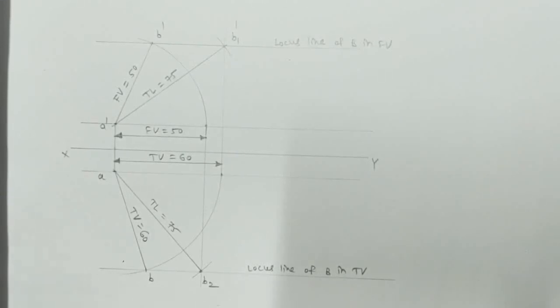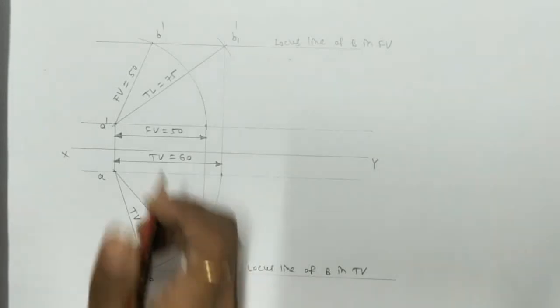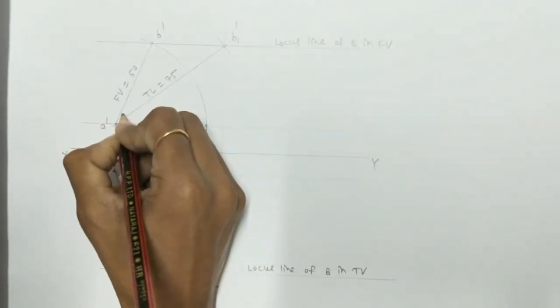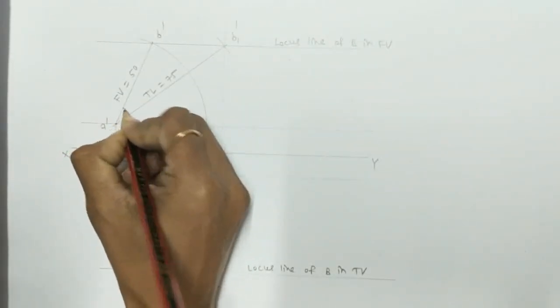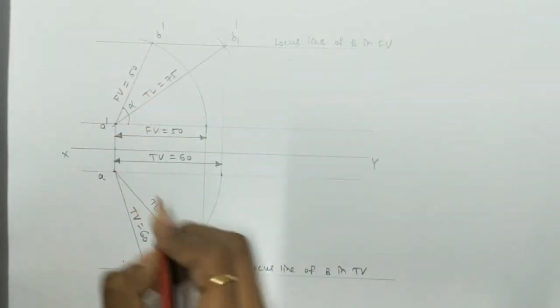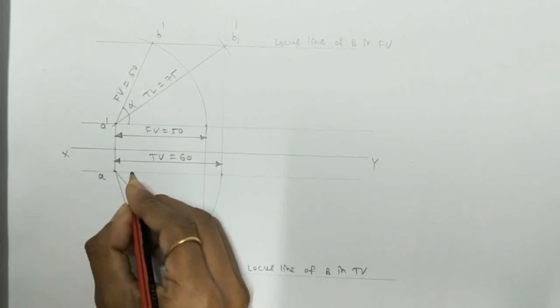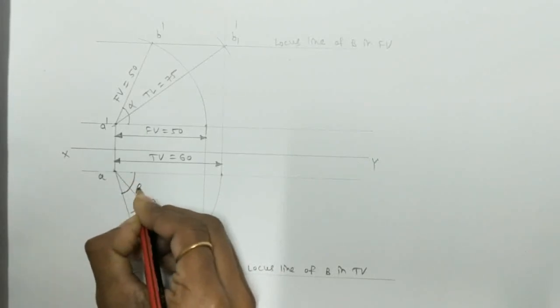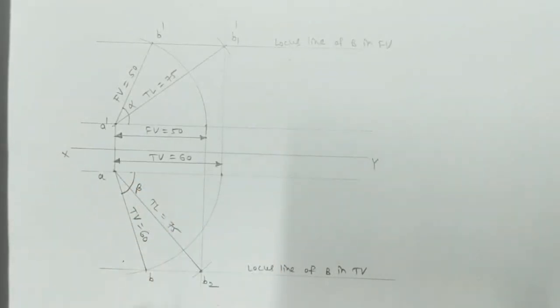Now this is the angle alpha made with front view, and this is angle beta made with top view.